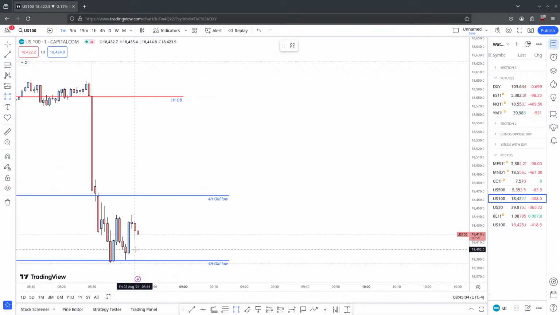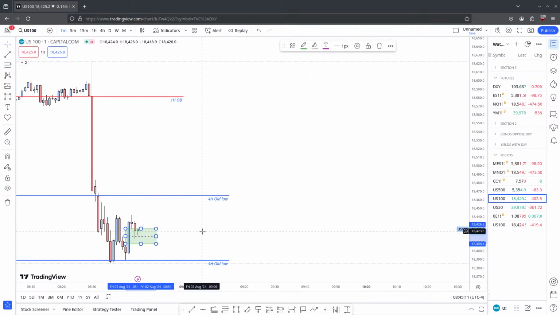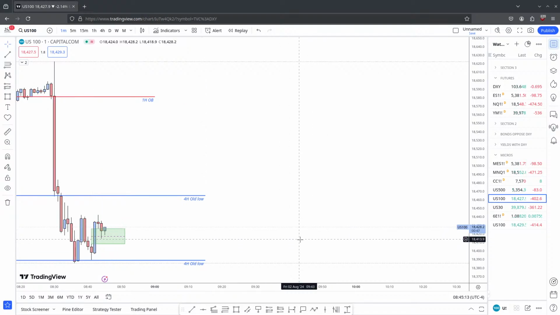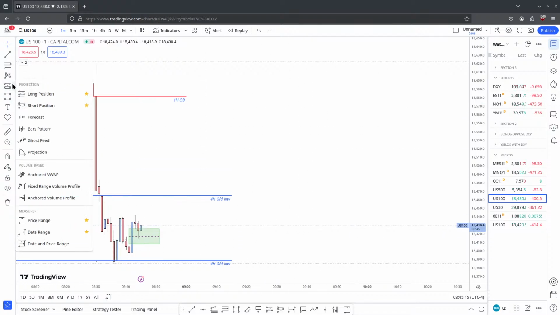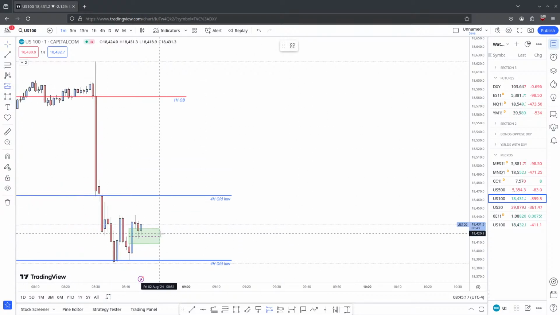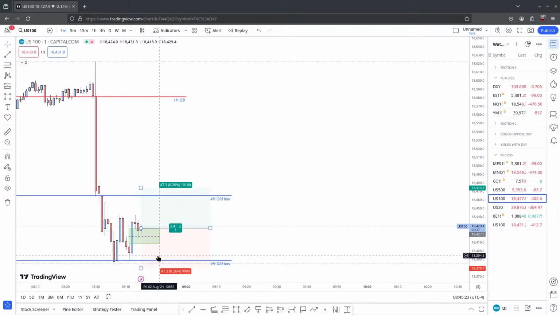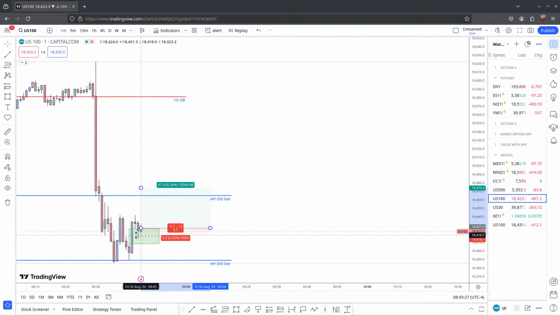Let's look at this. We have a fair value gap here. Let's look at this fair value gap here. You see what it does. Long. Let's just look at this. They breed this fair value gap.